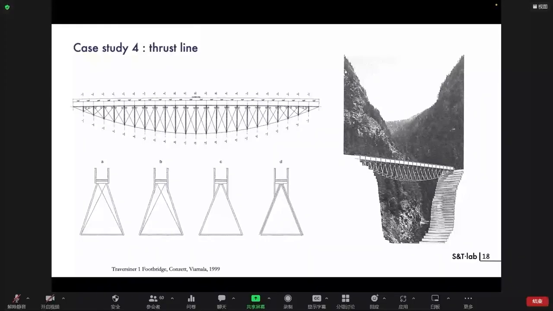What was very difficult with this bridge for Conzet was the self-weight of the substructure, which was very limited because of the helicopter available for the construction. So the bridge is very light, and it's a very light 3D truss system with paneled side rails acting as stiffeners that you see on the section.